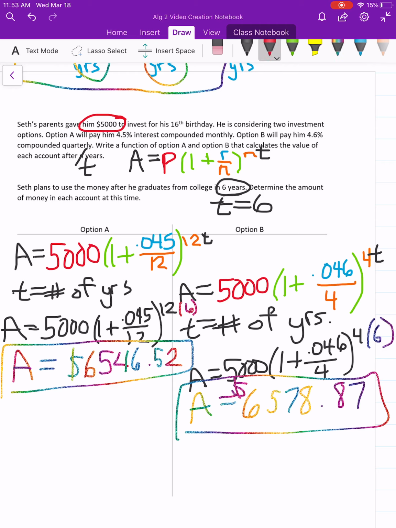So this isn't what the question's asking us to do, but we could find the interest gained. Interest is equal to this amount A minus the original investment.